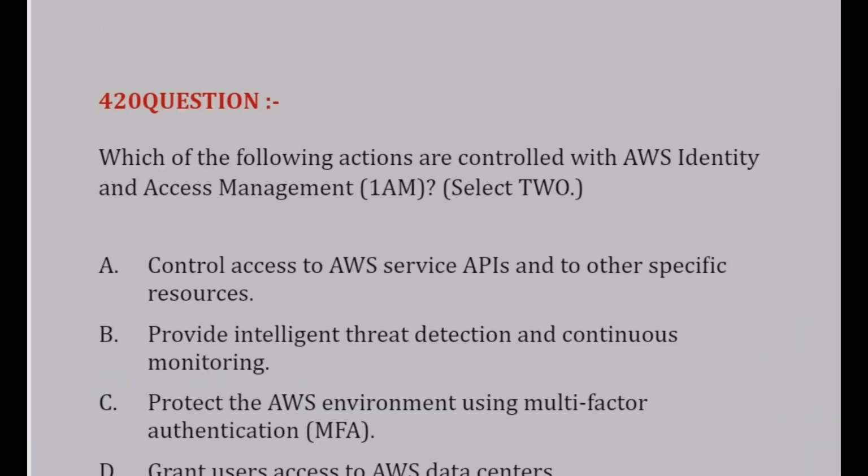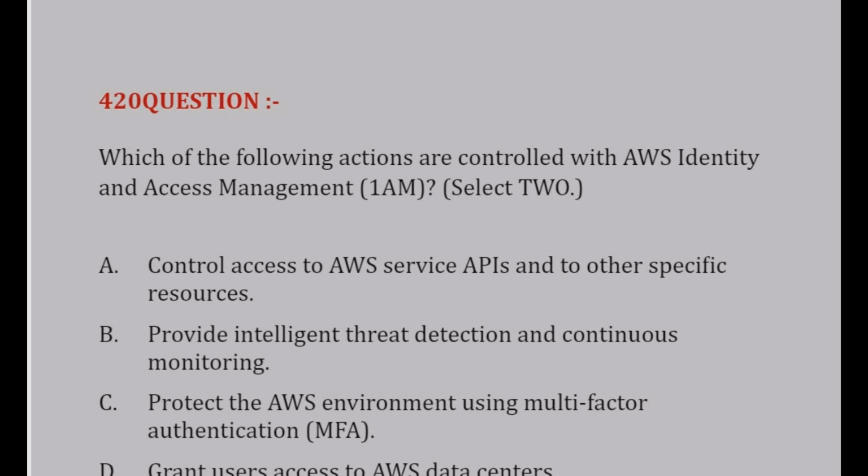Question is, which of the following actions are controlled with AWS Identity and Access Management IAM? Select two options. Option A, control access to AWS service APIs and to other specific resources. Option B, provide intelligent threat detection and continuous monitoring.